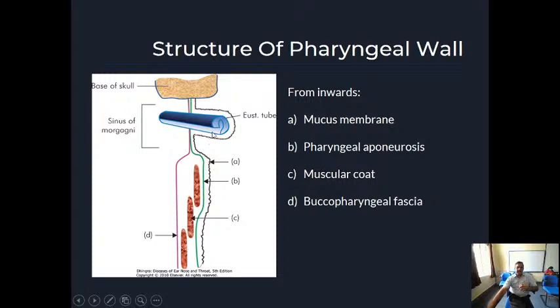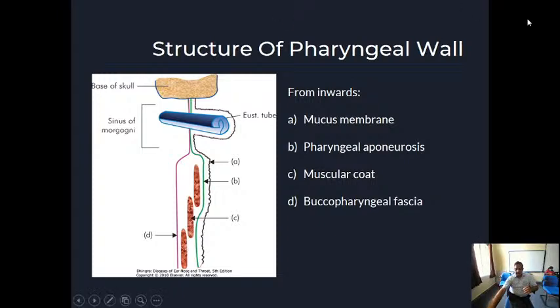That is the inner lining, and beyond that you have the pharyngeal aponeurosis. Lateral to that you have the muscles, which cover the tube laterally and posteriorly. There are three muscles called the constrictor muscles, on the lateral side and posterior aspect.